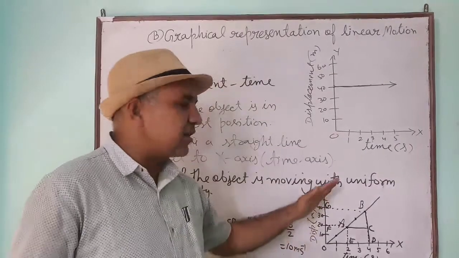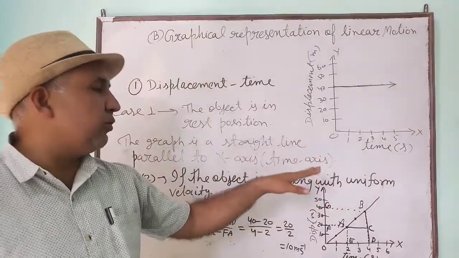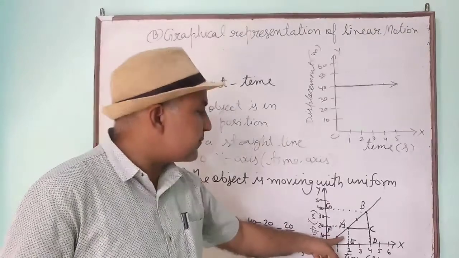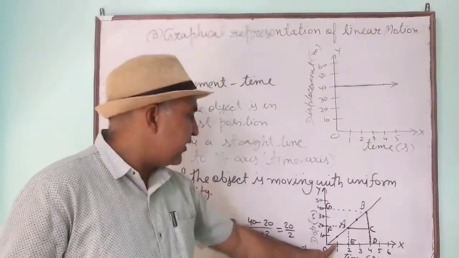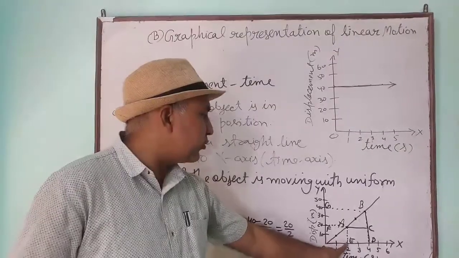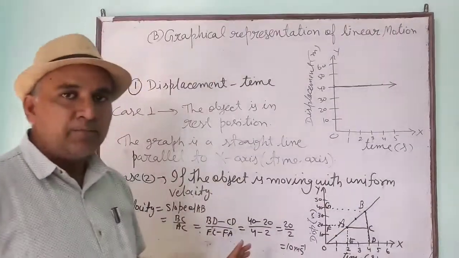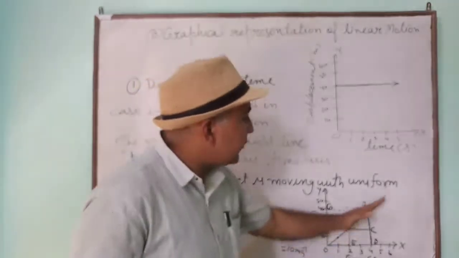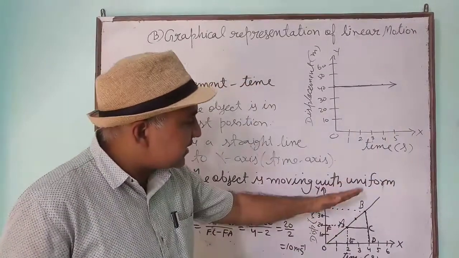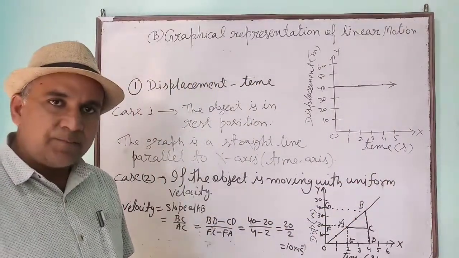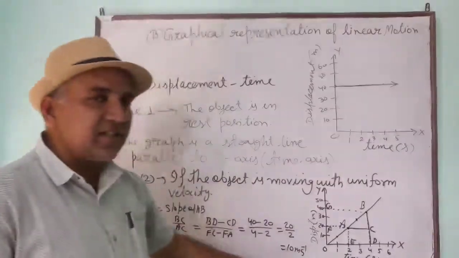Since the body is moving with uniform velocity, it covers the same displacement in the same interval of time. In 1 second 10 meters, in 2 seconds 20 meters, in 3 seconds 30, in 4 seconds 40 meters. By joining the points we will get a straight line which is inclined to the x-axis. Now we will find the slope of this line.